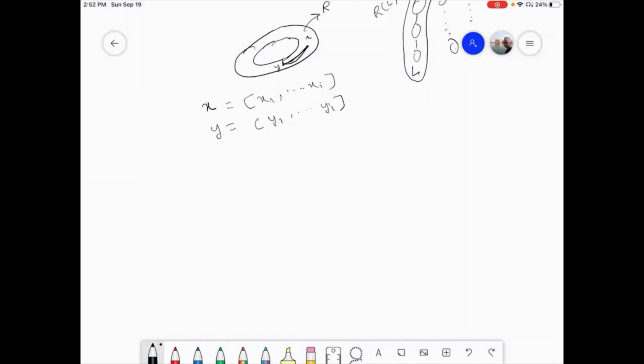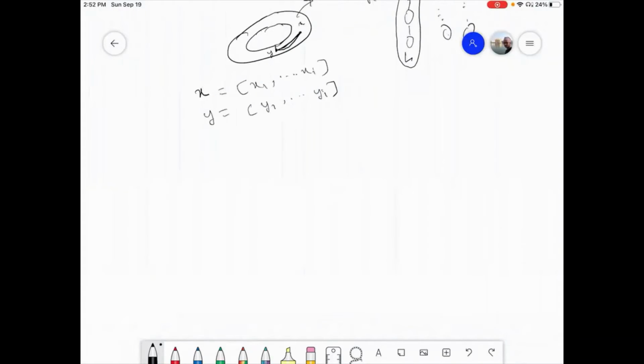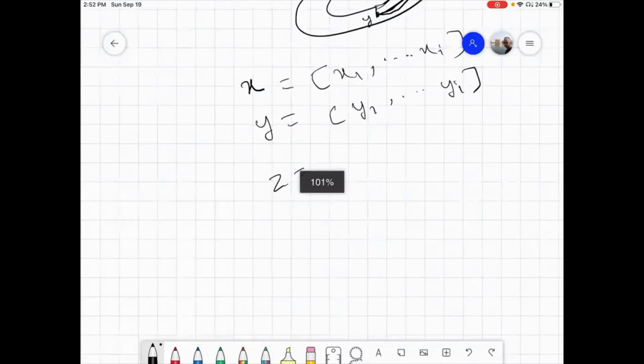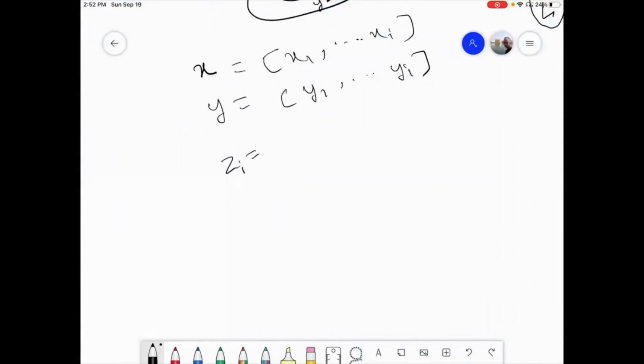And also we'll consider another instance Z, and assume that this lies on the path between X and Y, and we are making sure that each instance of Z follows this combination. So Z of i is equal to lambda of X of i plus 1 minus lambda into Y of i, and here lambda's value can be between 0 and 1.